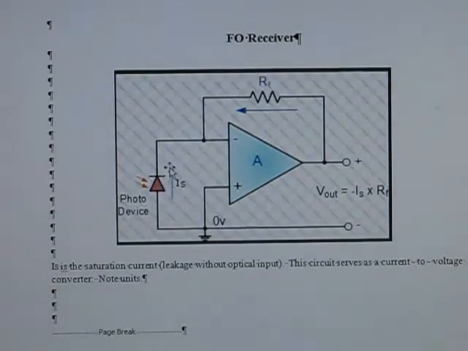So this is basically a current to voltage converter, and the direction of the current arrow should not be of concern. Since the non-inverting input is at 0 volts, by way of a virtual short between these two terminals brought about by the operation of the operational amplifier, this is basically working very, very near ground.